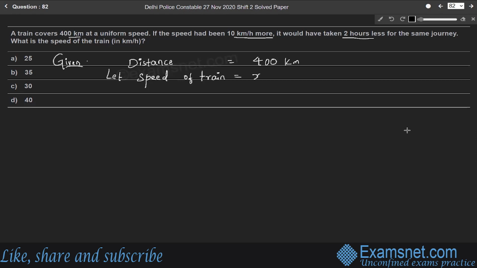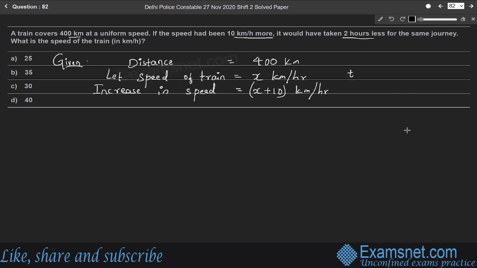Right. So let the speed of the train be x kilometer per hour. According to the question, if the speed had been 10 kilometer per hour more, the increased speed becomes the original speed plus 10 kilometer per hour. Right. So here distance is given, speed is given.